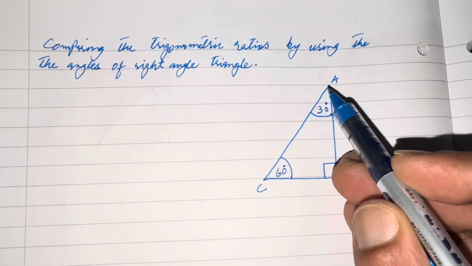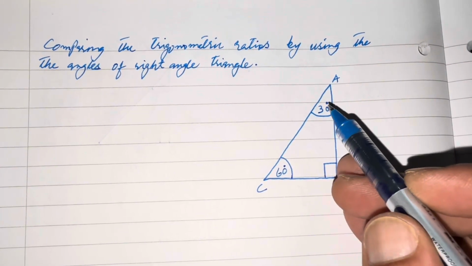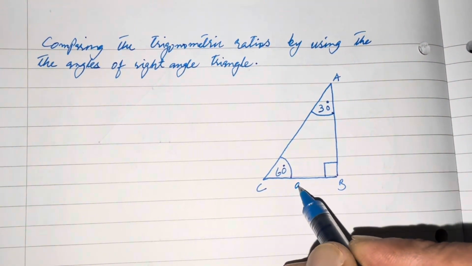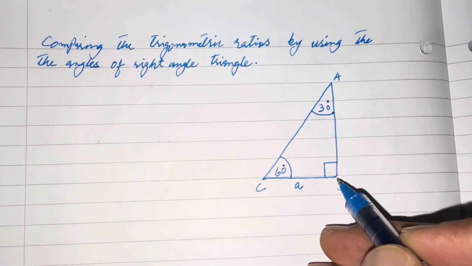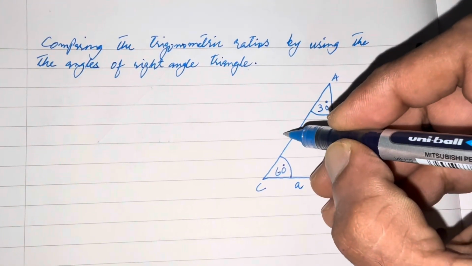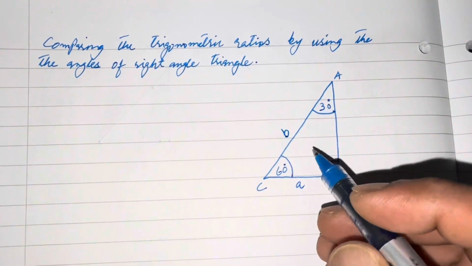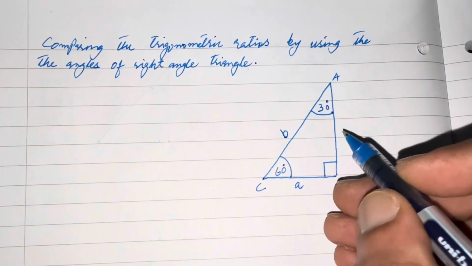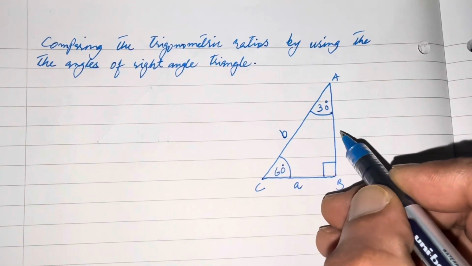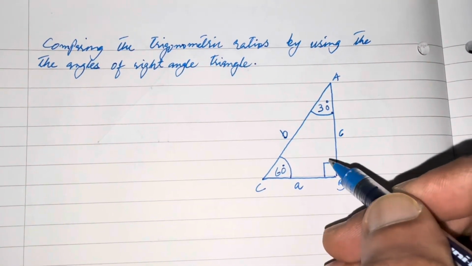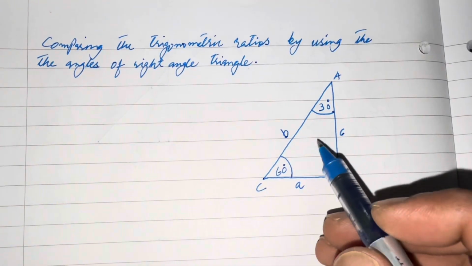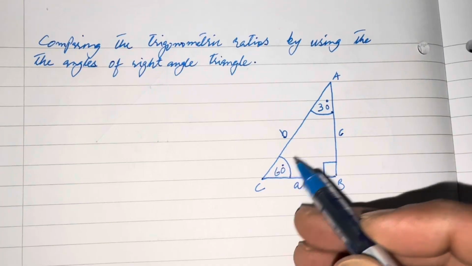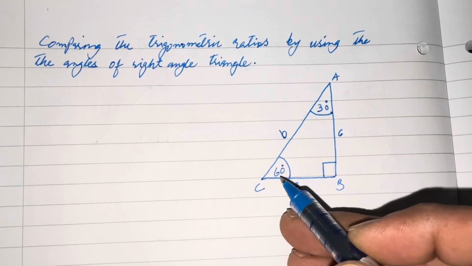This angle is A, so I can say that the opposite side of angle A is small a. This angle is B, the opposite side is given the name small b, and at point C, the opposite side is given the name small c.